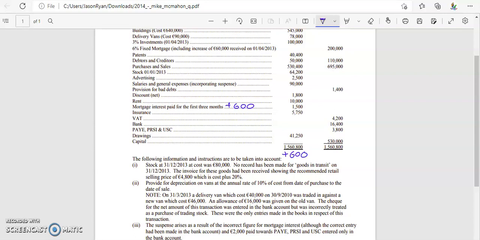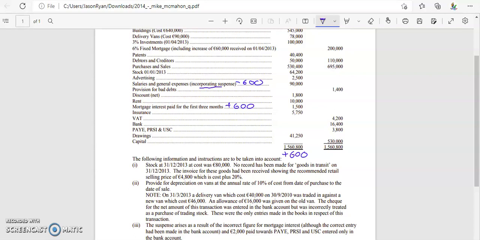Remember, your debits and credits have to be the same all the time. So what we need to do then is we need to correct our salaries and general expenses, because that's where our suspense is. So because our debit side is 600 higher than our credit side, if we take away 600 from our suspense, that's going to mean our debits and credits are the same.